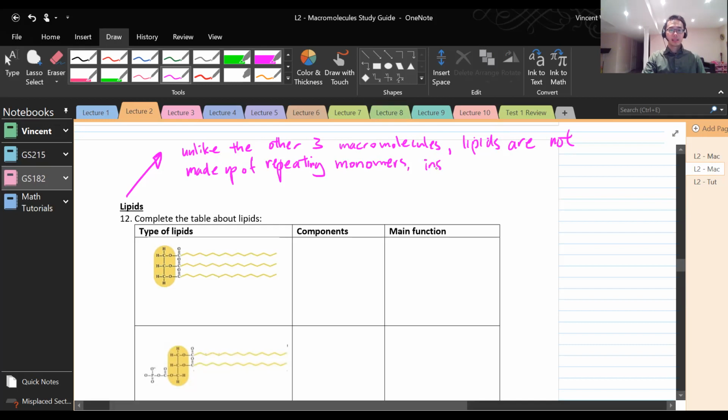Instead, they consist of various components.